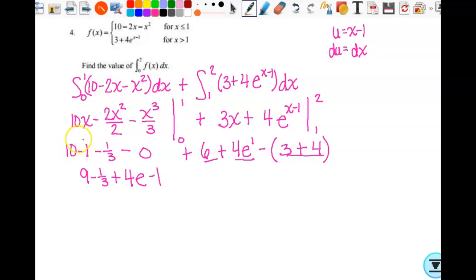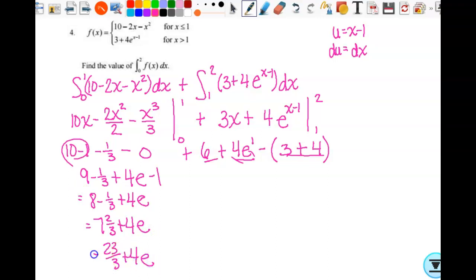I did 9, so this gives me 9, minus 1/3, plus 4e, and then this is 6 and a negative 7, so that's where my negative 1 is. So this will give me 8 minus 1/3 plus 4e. So that's 7 2/3 plus 4e. Which is going to be 23/3 plus 4e.